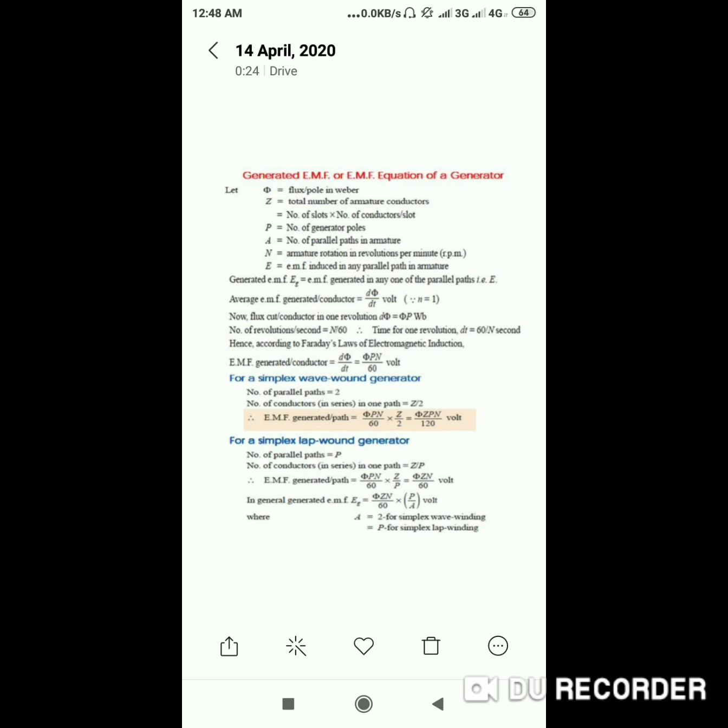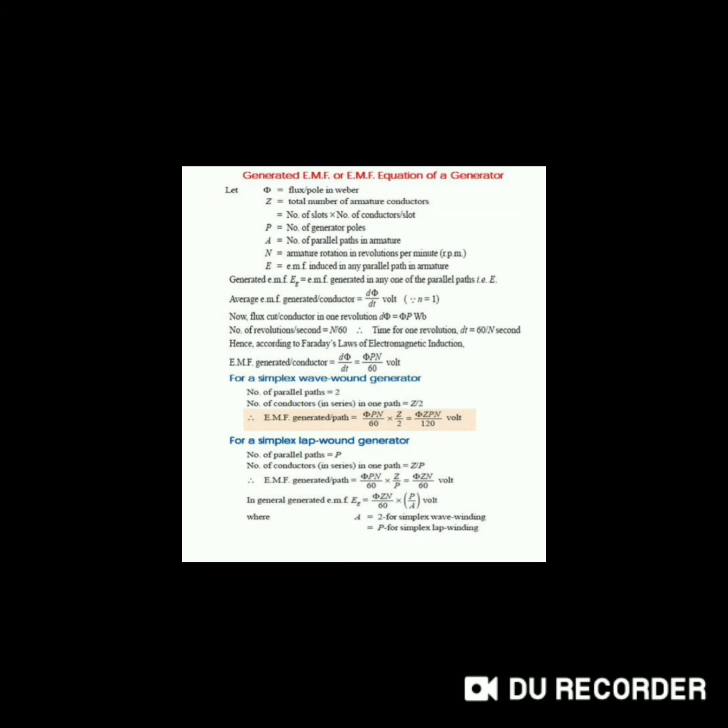P is the number of generator poles. A is the number of parallel paths in armature. N is the armature rotation in revolutions per minute, that is RPM. And E is the EMF induced in any parallel path in armature.